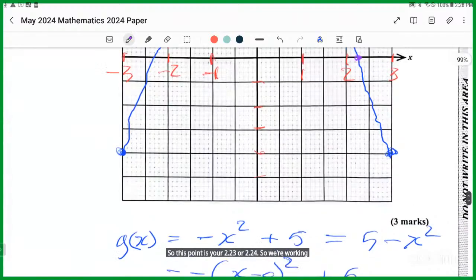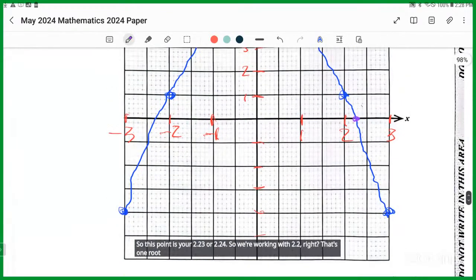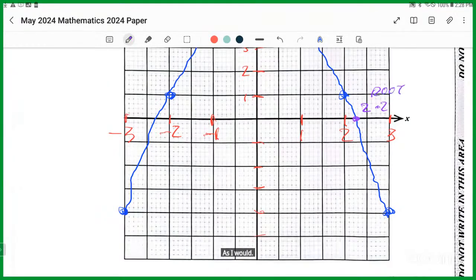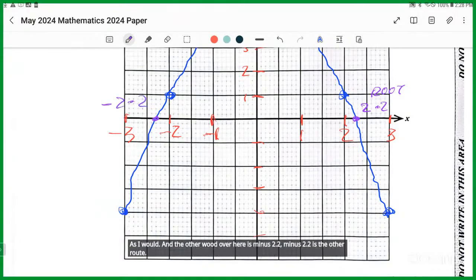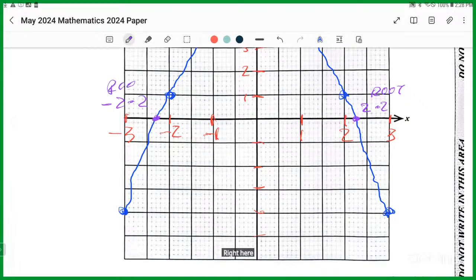That's one root, 2.2. And the other root over here is minus 2.2. Those are the 2 points where the graph intersects the x-axis, the roots. That's what the question wanted us to show.